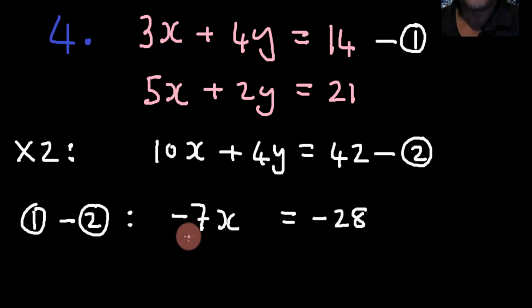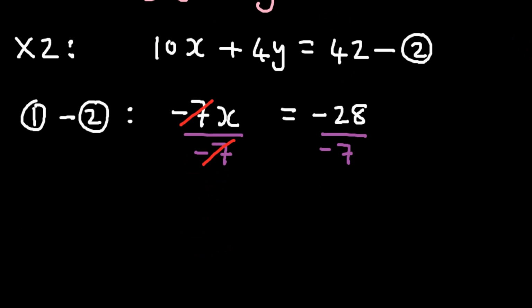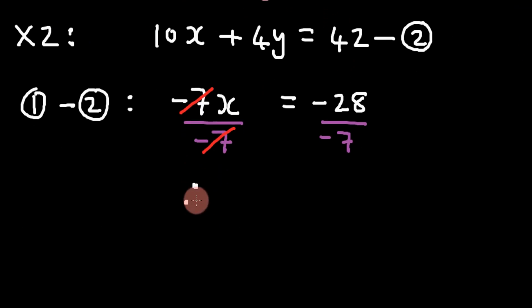And now we can solve for x. We can divide both sides of the equation by negative 7. The negative 7's will cancel on the left-hand side, and we're left with x only. And of course, negative 28 divided by negative 7 is positive 4.